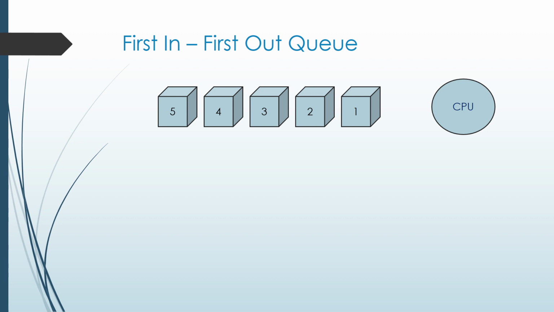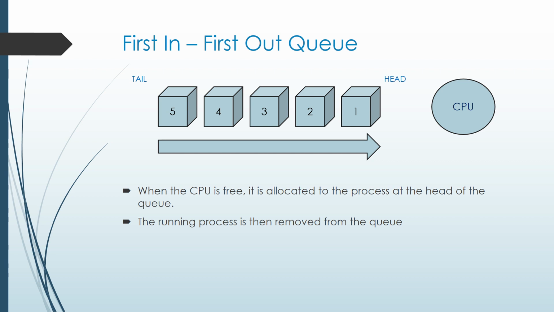Since process 1 comes first, it means that process 1 will be accommodated first by the CPU. Whoever comes first in the queue is the head. Now the last one who arrives in the queue is what we call the tail.